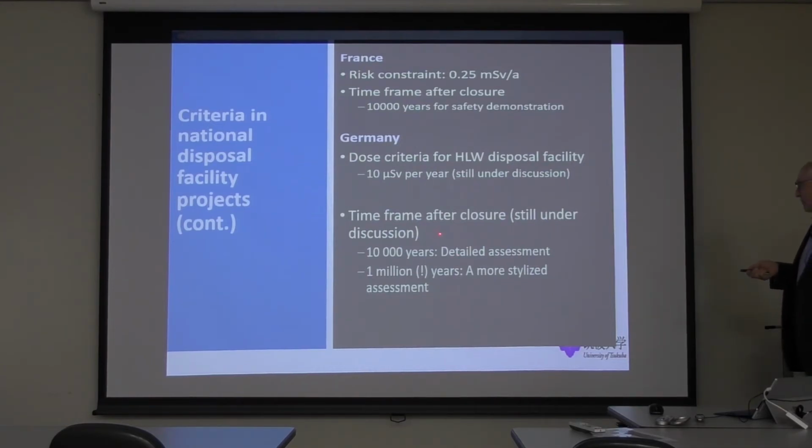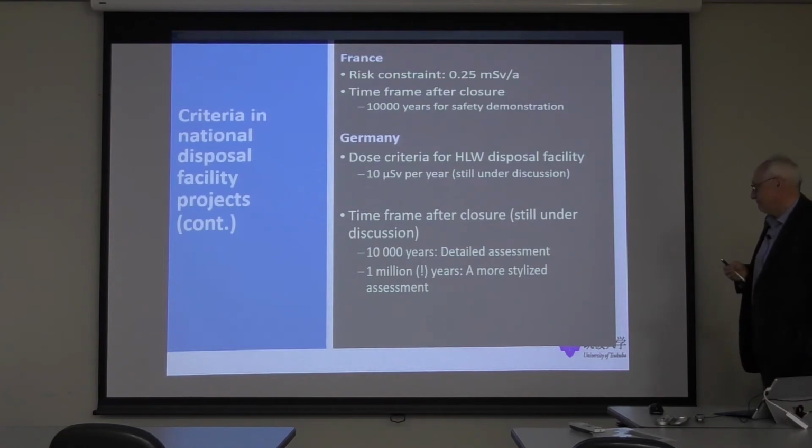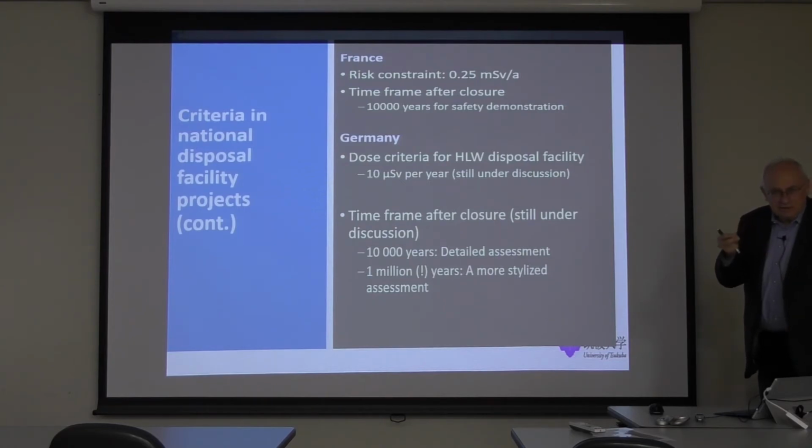And the time frame of this closure is also still under discussion. For 10,000 years, a detailed assessment should be made, and then for 1 million years, a more stylized, more simplified assessment can be done to demonstrate this long-term safety.